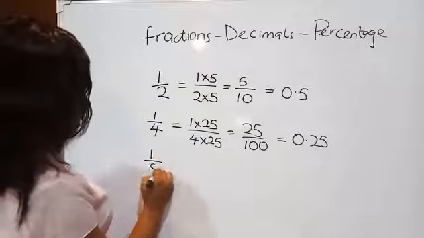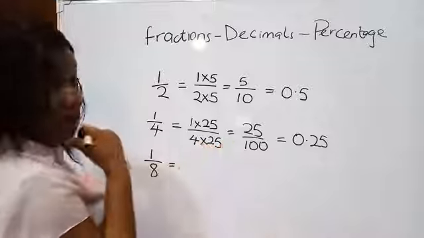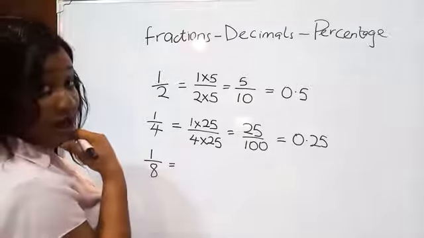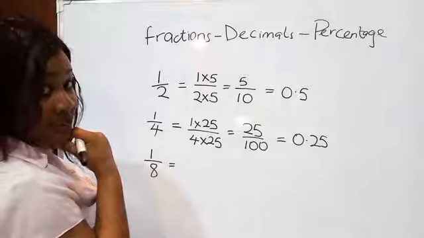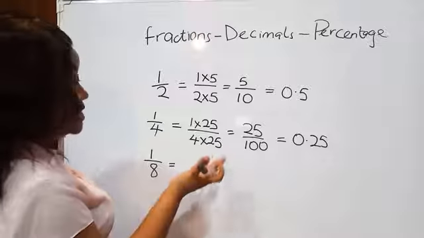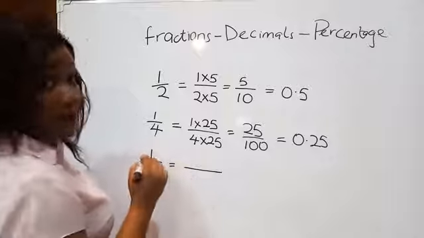We can still try 1/8. 100 is not a multiple of 8, but 1000 is. So we try to make 1000 the denominator. And what are we multiplying by? We multiply by 125.